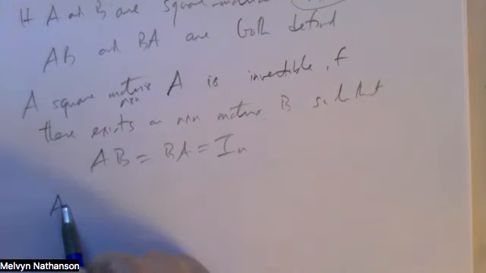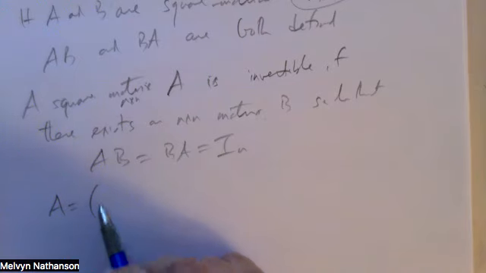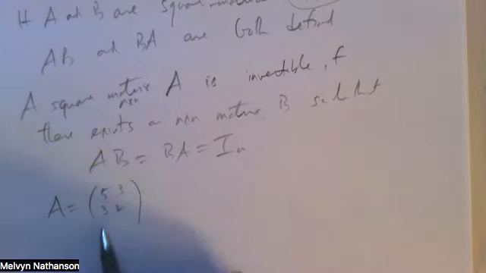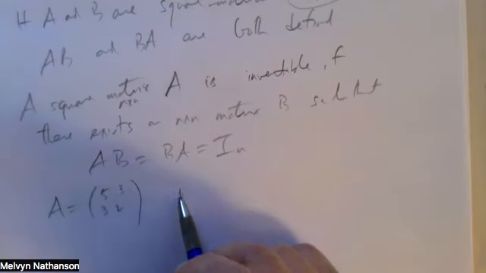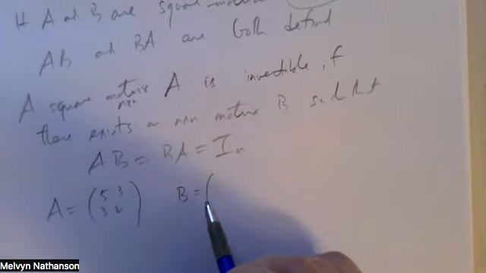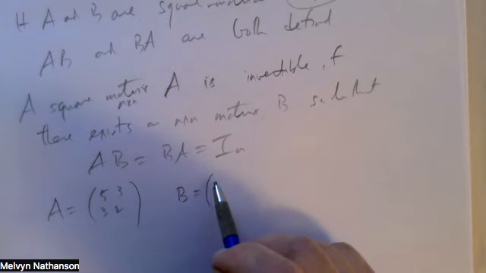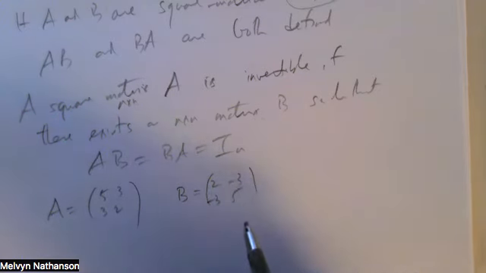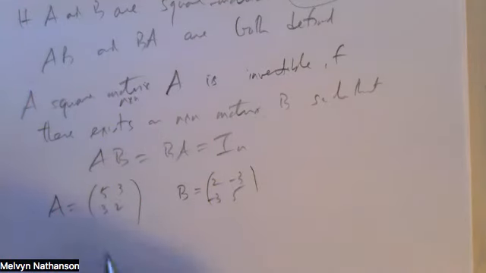So for example, if A is 5, 3, 3, 2, this is a 2 by 2 matrix. And B, let's say B is 2, minus 3, minus 3, 5. Let's see if I made a lucky guess.